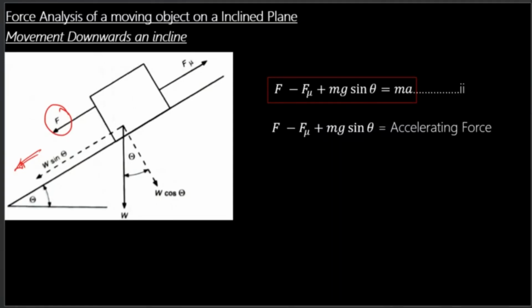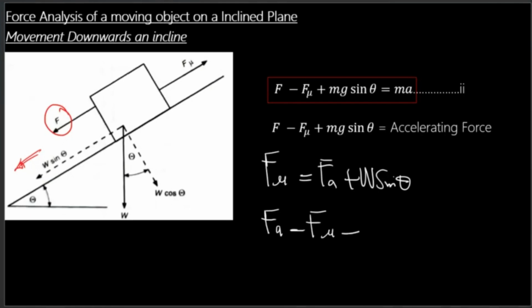Because if I want to analyze the force in this system, I will say that the frictional force is equal to the applied force plus W sine theta, because both are facing the same direction. So I can easily say that my applied force minus the frictional force plus W sine theta is equal to mass times acceleration.